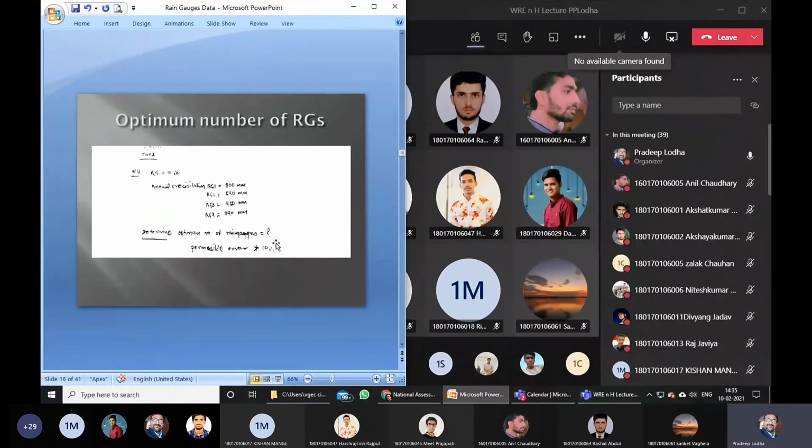This is the second way of determining the optimum number of rain gauges, with the permissible error. So permissible error is given. If it is 10, determine the optimum number of rain gauges if the permissible error is not more than 10.